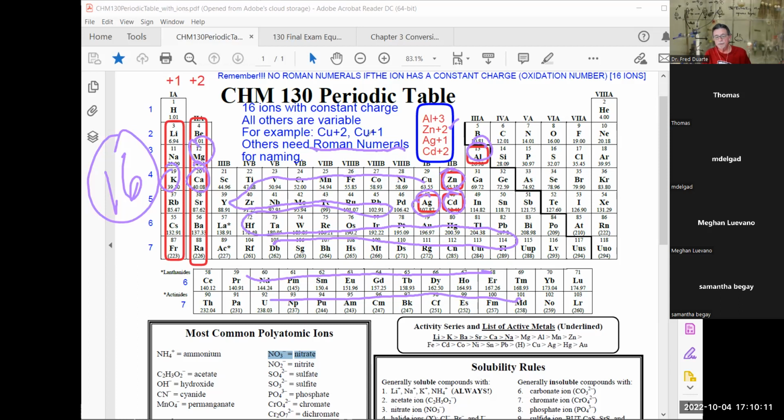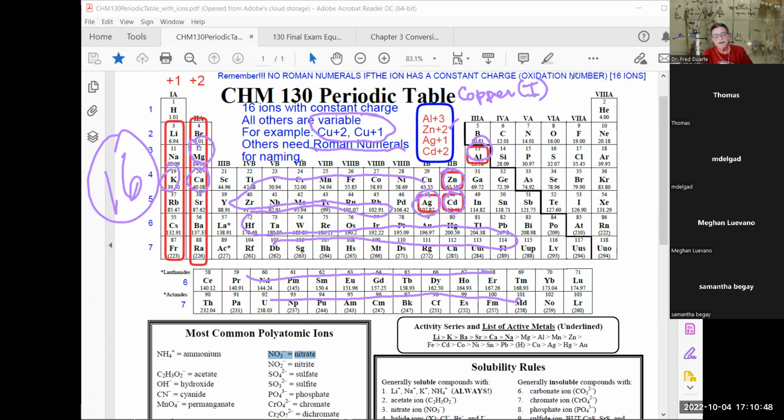And why is that? For example, copper can exist as either a +2 or a +1. It's very ambiguous. We don't really know, it depends on the conditions. But to distinguish between the +2 and the +1, we have to use Roman numerals to say copper Roman numeral 1 or 2. So we'll write copper, parentheses, Roman numeral 1.